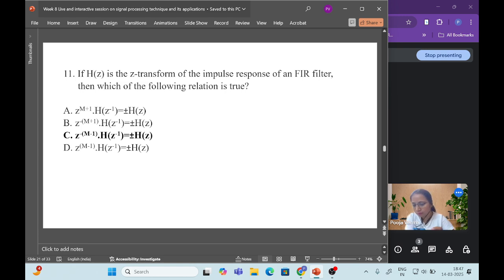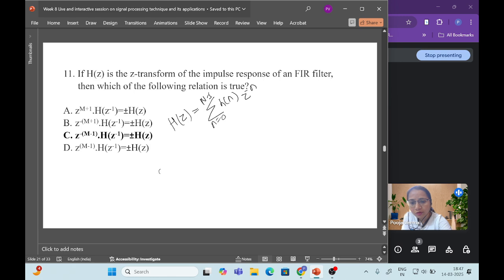Okay, so let's see. As we know, H of Z is equal to the summation for n equal to 0 to M minus 1 of h of n, z to the power minus n.